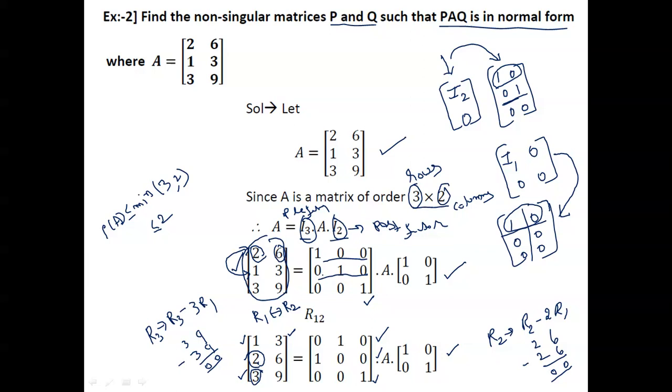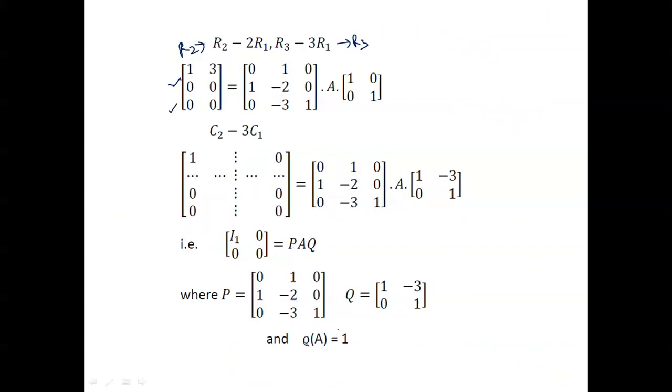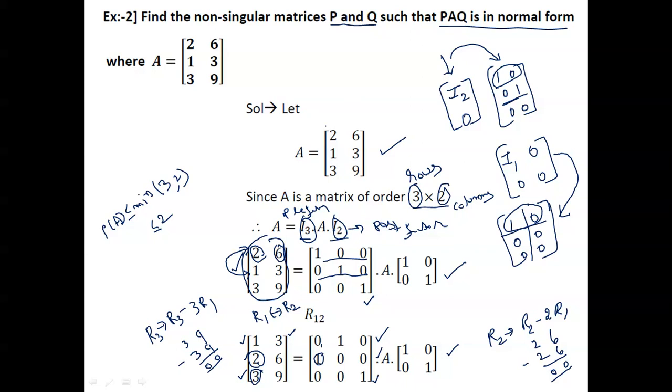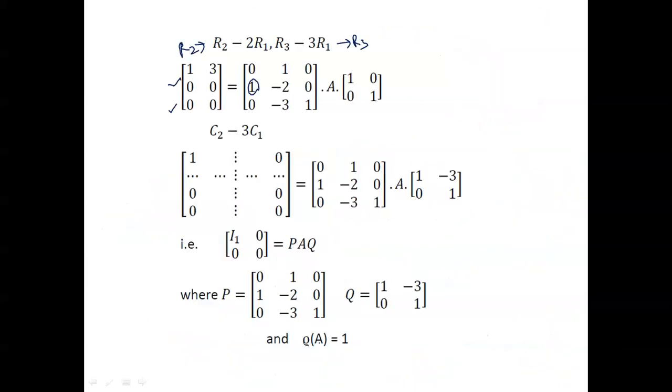Here R2 tends to R2 minus 2 R1. So 1 minus 2 into 0, we get 1 same.